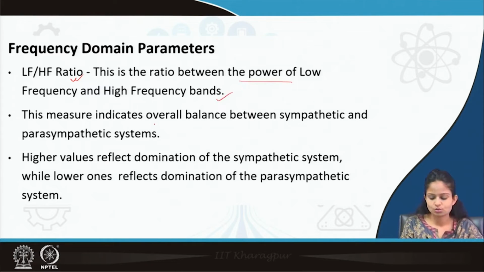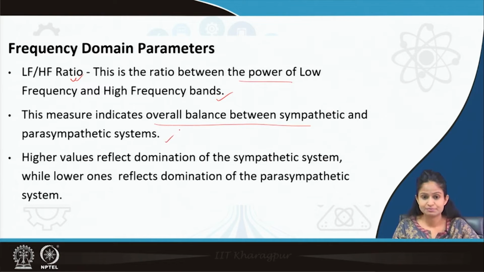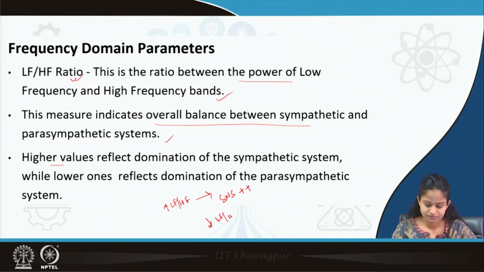This measure indicates the overall balance between the sympathetic and parasympathetic nervous system. Higher values, whenever the LF-HF ratio is more, usually mean the sympathetic nervous system is dominant, and lower values, whenever the LF-HF ratio is less, mean the parasympathetic nervous system is dominant.